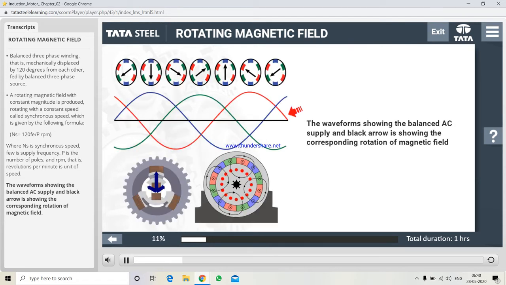The waveforms showing the balanced AC supply and black arrow is showing the corresponding rotation of magnetic field. Click Next to continue.